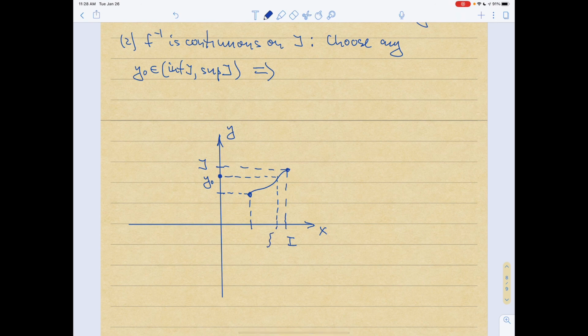So this will be f inverse of y0, and at this point we can always find some number epsilon 0, right, because if y0 is in the interior of J, then f inverse of y0 must be in the interior of J. That is a consequence of the fact that f inverse is strictly increasing, f is strictly increasing, really.